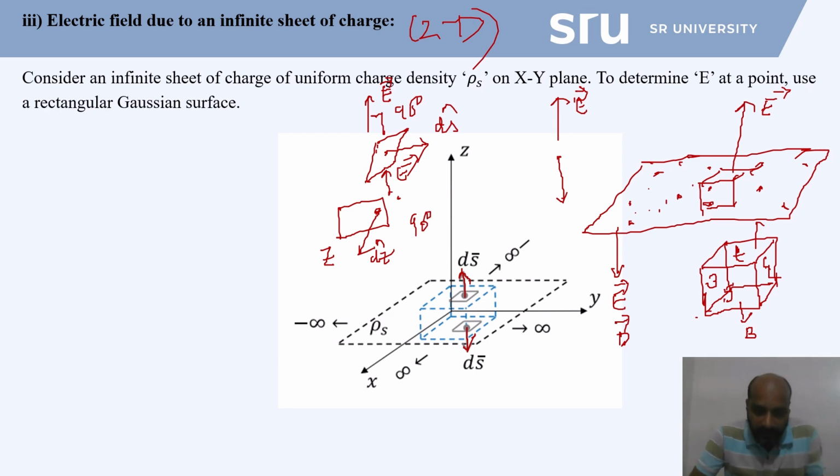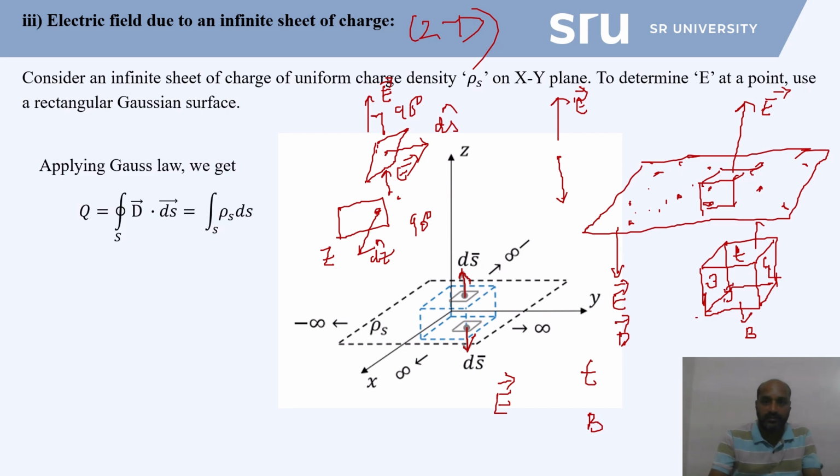So the conclusion is, only the electric field lines are perpendicularly passing through the top and bottom surfaces. So we need to ignore the other four surfaces in calculation.